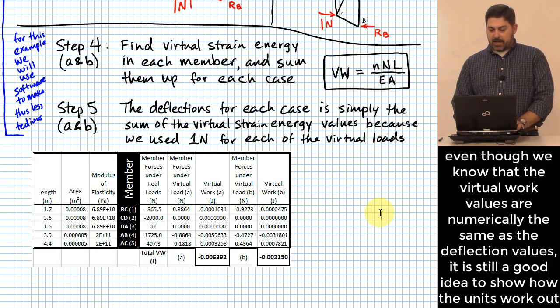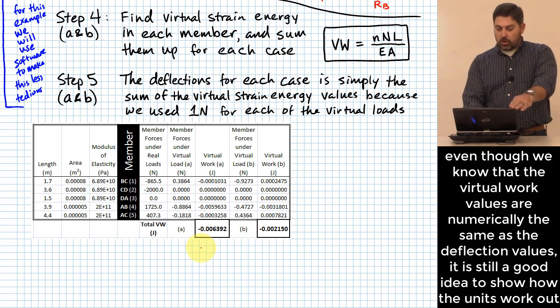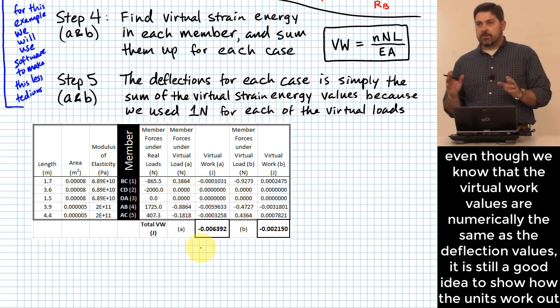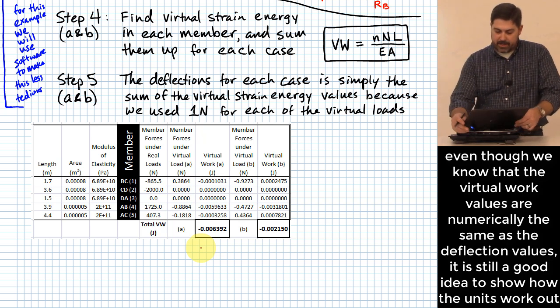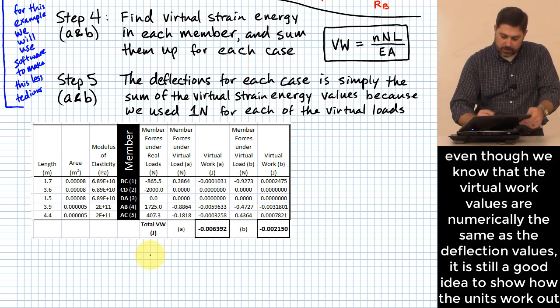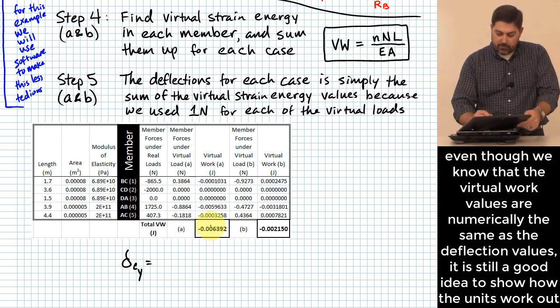The last little step says you take your total virtual work that was caused by the virtual load that you applied, and you divide again by that virtual load. So if I want to determine what's the delta for point C, let's say in the Y direction, I have to take my virtual work that happens in that direction.